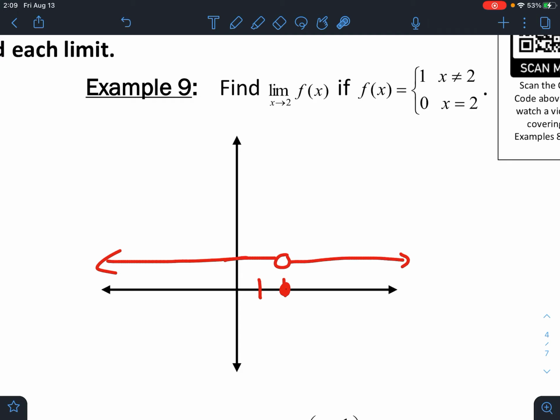So as we approach 2 from the left side and the right side, both of those limits agree, and our answer would be 1. So the limit as x approaches 2 of the function f would be 1.